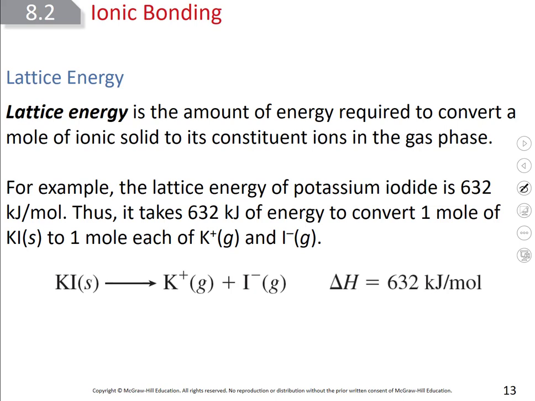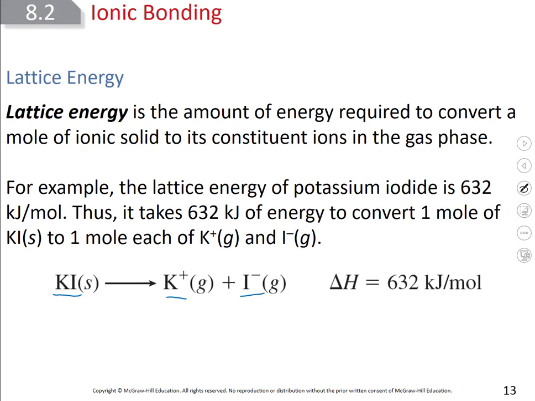Or in our potassium iodide example here, how much energy it would take to take this potassium iodide and put it into potassium ions and iodide ions, and it has a delta H value of 632 kilojoules per mole, which means if I reverse this process, go from the ions back to the ionic compound, or forming the ionic compound, it would be negative 632 kilojoules, which is exothermic, releasing energy. So forming ionic compounds is exothermic, it releases energy.